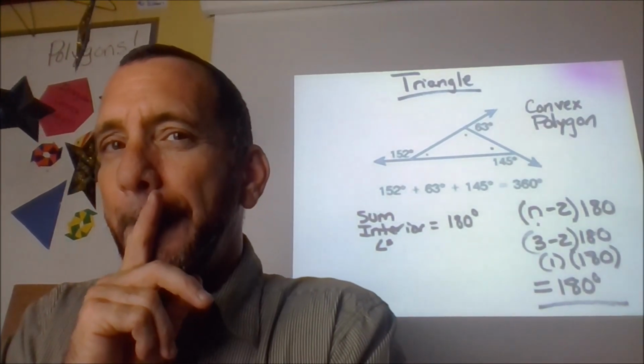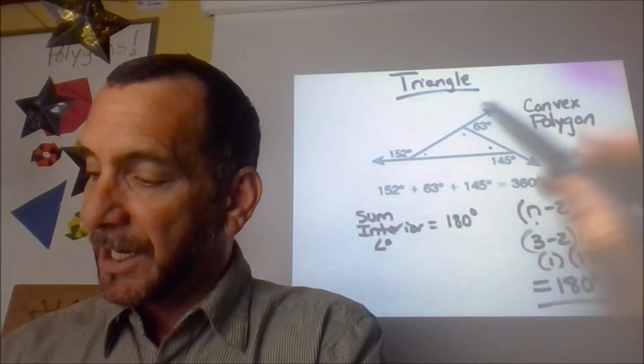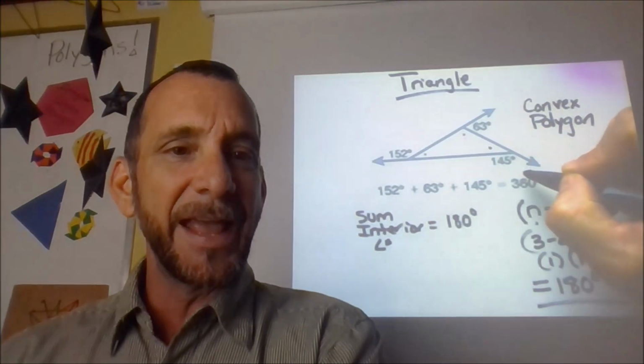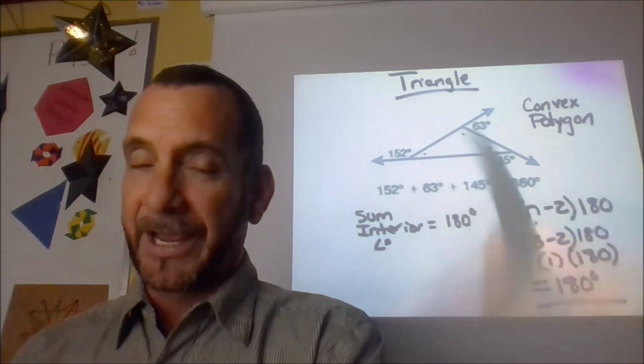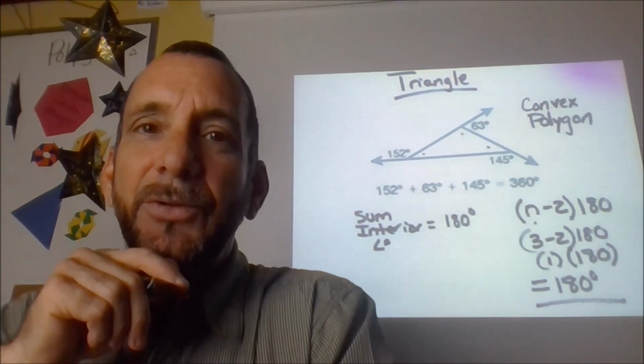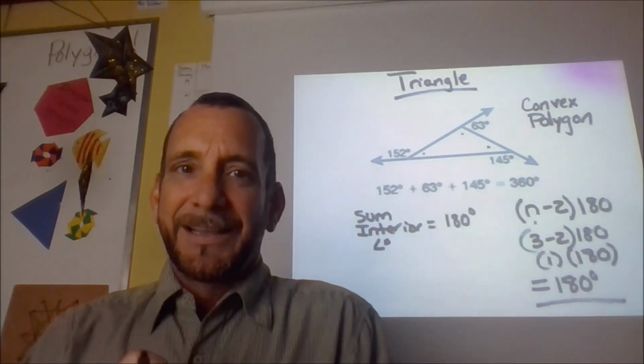But now we are extending these lines and we're finding one exterior angle at each vertex. When we do that, we've got a great number.